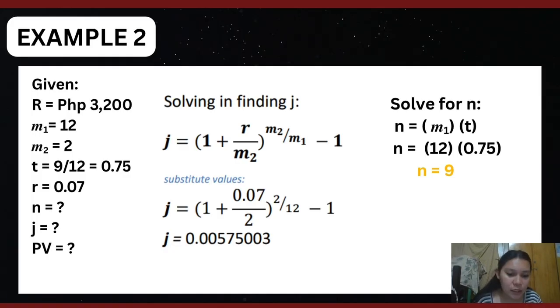So now we need to solve for the number of payments. So we use the formula n is equal to m sub 1 times t. So our m sub 1 is 12. So 12 times 0.75. So our n is now equivalent to 9.